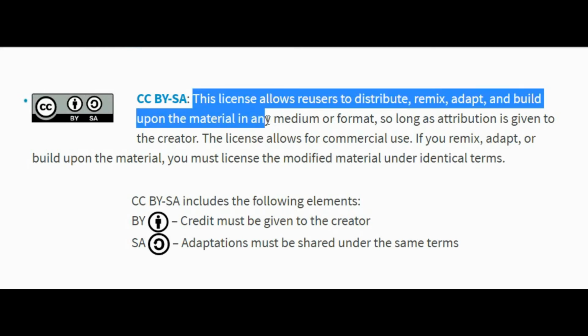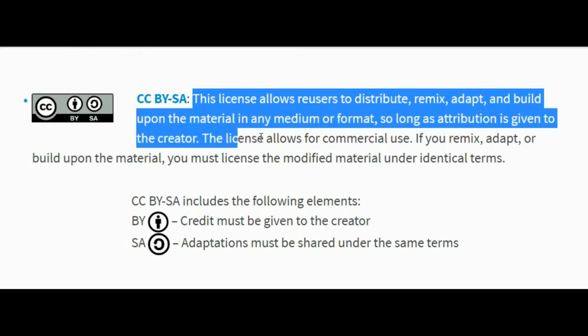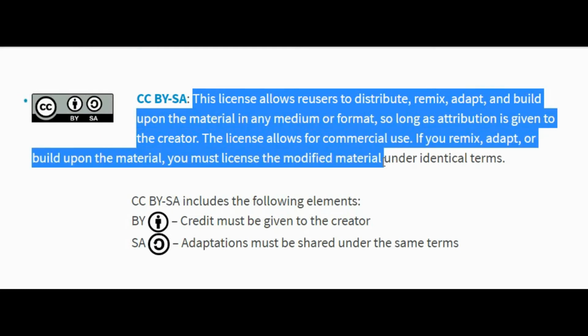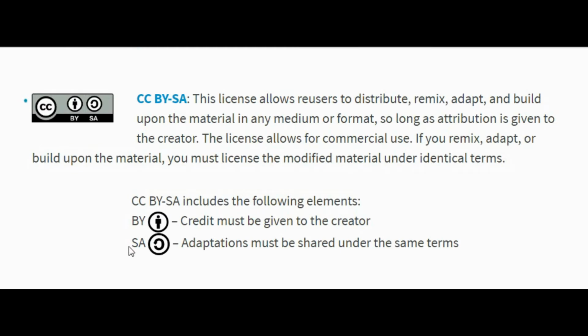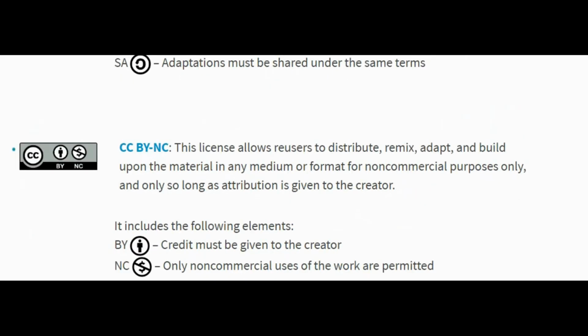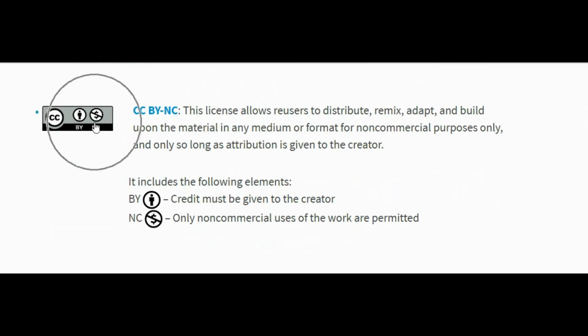So here we're going to be showing the types of licensing options that you have and the symbols. The symbol is the massive difference here. It can save you or it can screw you over. This is one of the most common ones. So this one says CC BY, and it's basically a free for all.